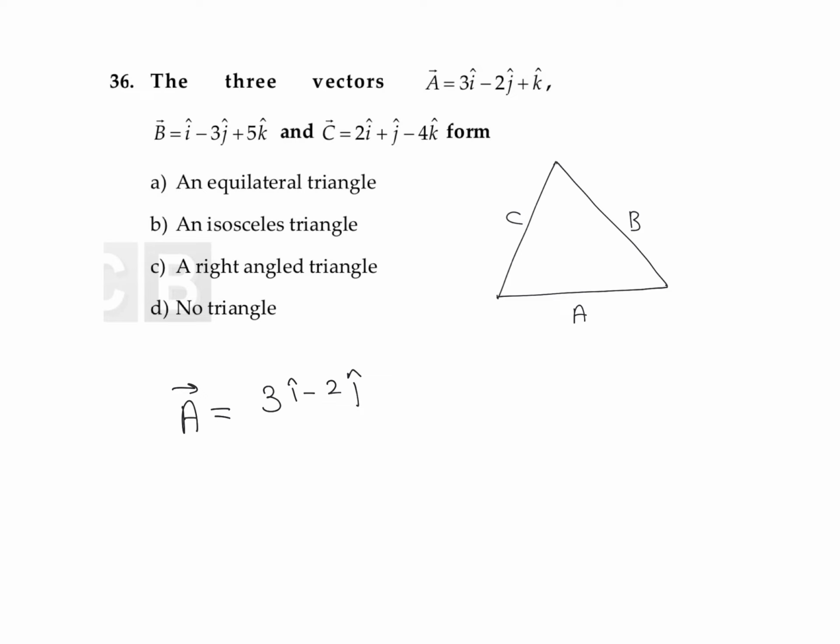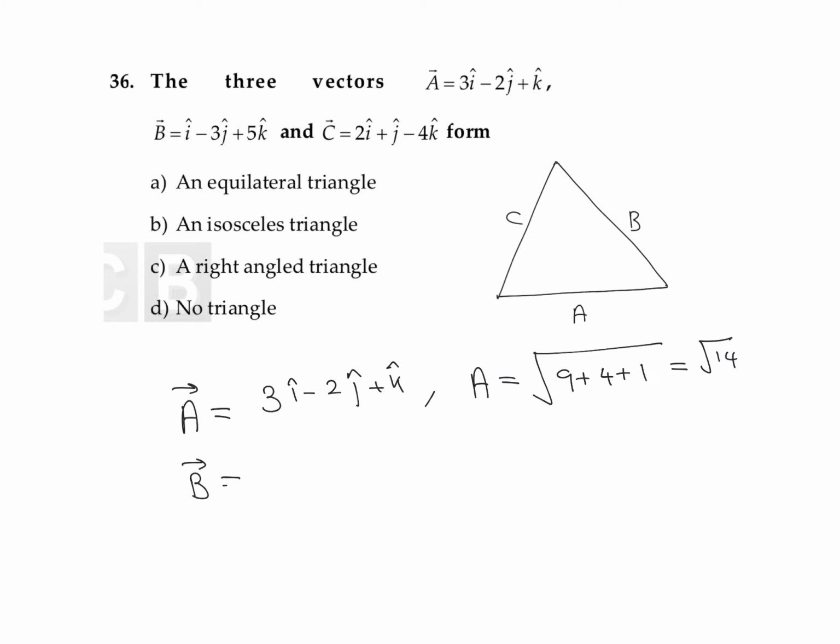If A vector is 3 i cap minus 2 j cap plus k cap, we can write the magnitude of this vector as under root of 3 square, which is 9, plus 2 square, which is 4, plus 1 square, which we can take as 1. So this is going to be root of 14, the magnitude of A vector.